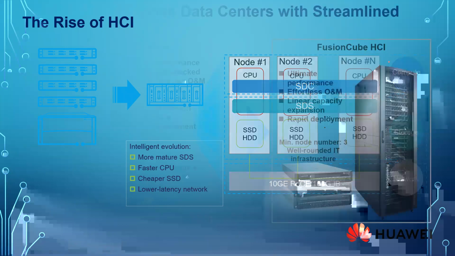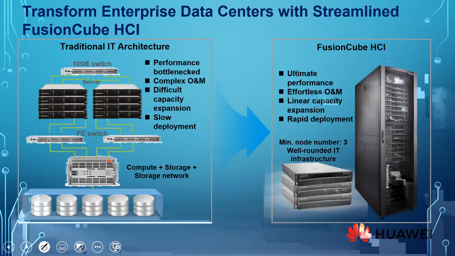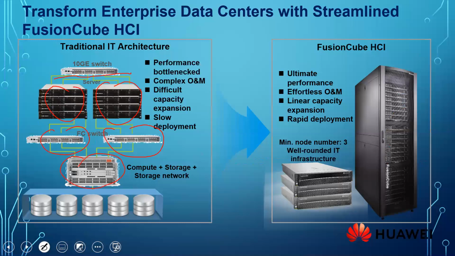In the traditional IT architecture, as we can see, we have a network switch, server, and then FC switches and storage. Everything is isolated. What are the issues? Slow deployment. You have to deploy storage first, configure the SAN switches, configure the storage.